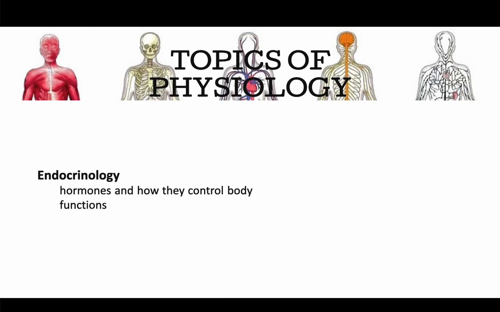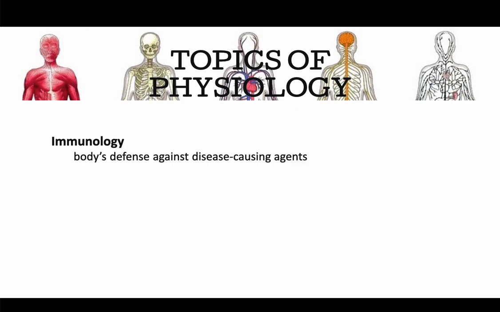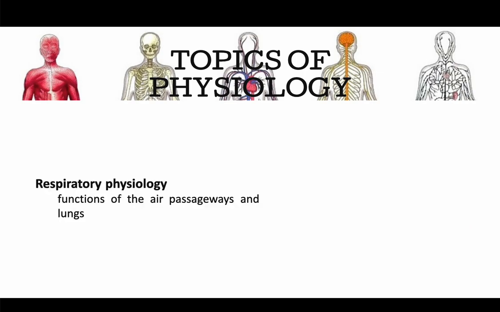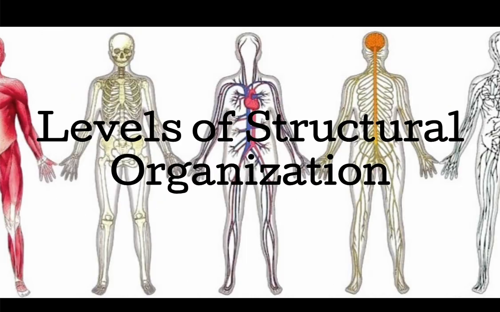Your endocrinology, hormones, so don't be confused. Endocrinology is the study of hormones and how they control your body functions. Your immunology, your body's defense against disease-causing agents, so the immune system. Your respiratory physiology, that's the functions of the air passageways and lungs.